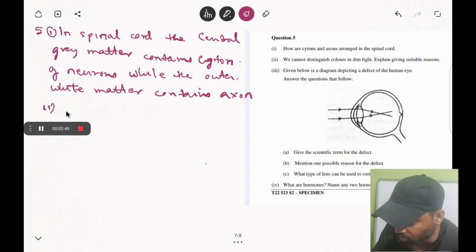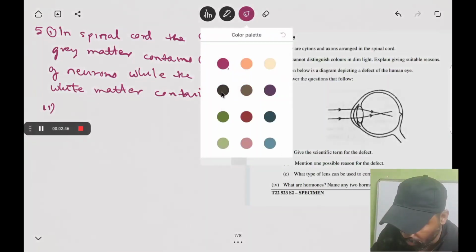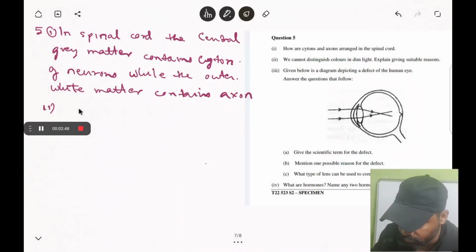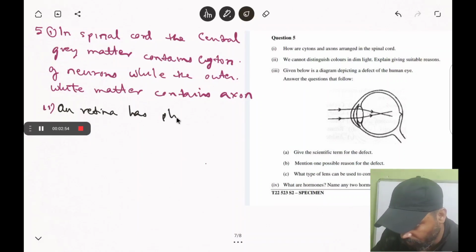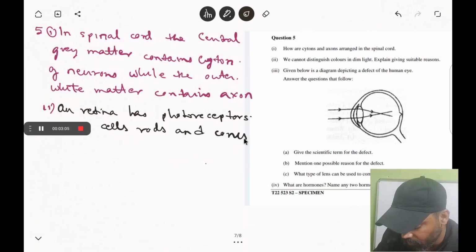Number 2, we cannot distinguish colors in dim light. Explain giving suitable reason. Now look over here. See, our retina has photoreceptors, receptors, cells, rods and cones, we know that. Yes or no?